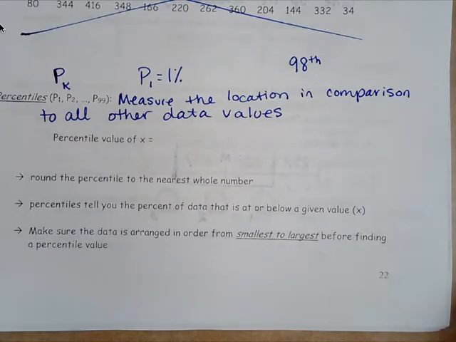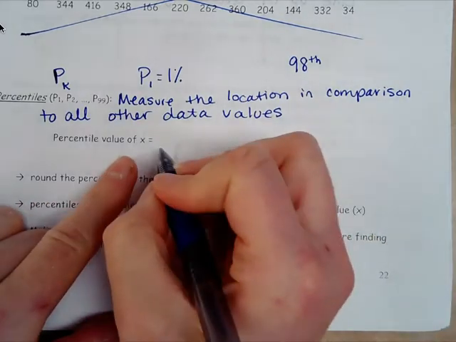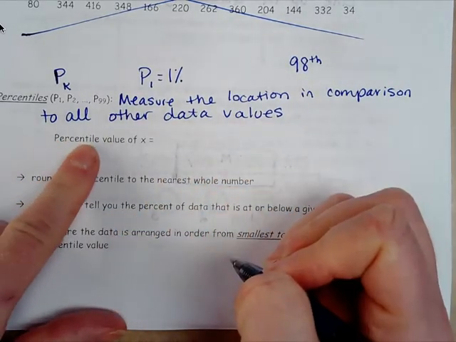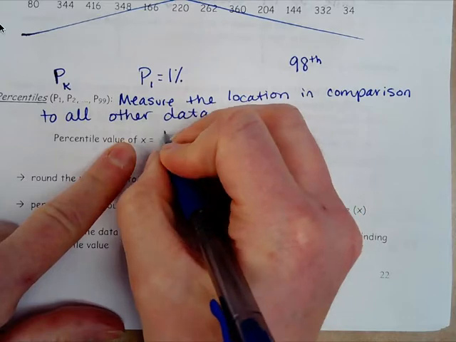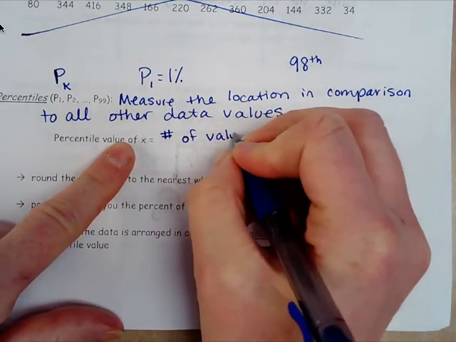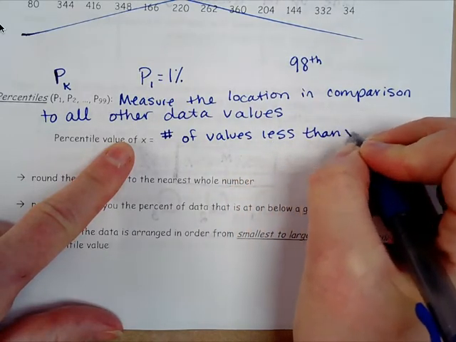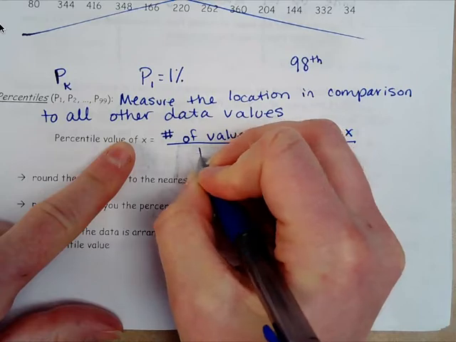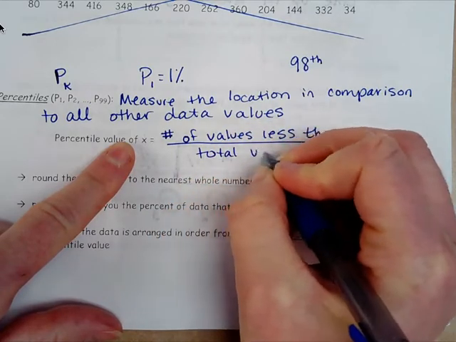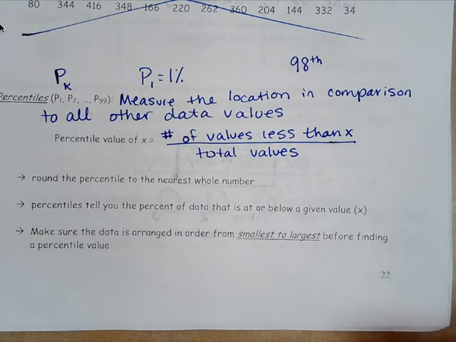This is your percentile. The way you're going to do that is a fraction. For the percentile value of X, you find the number of values less than X and divide it by your total number of values. And then convert that to a percent, so times 100, or move the decimal over 2 places.